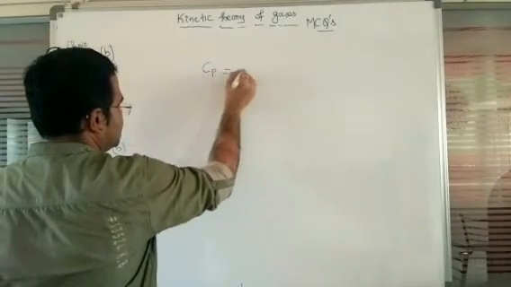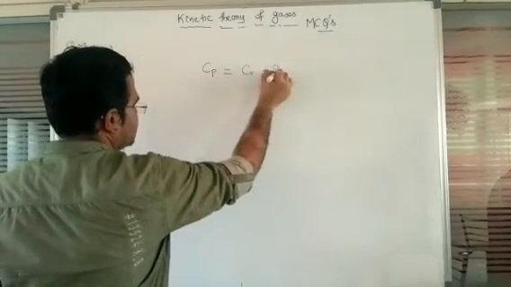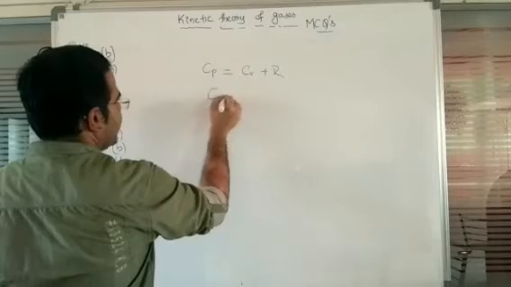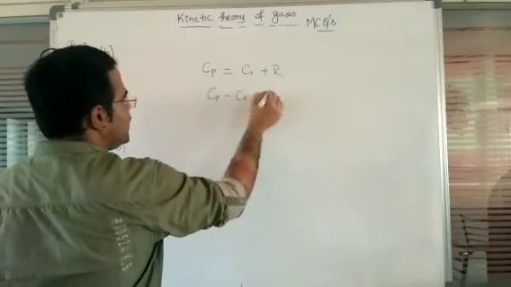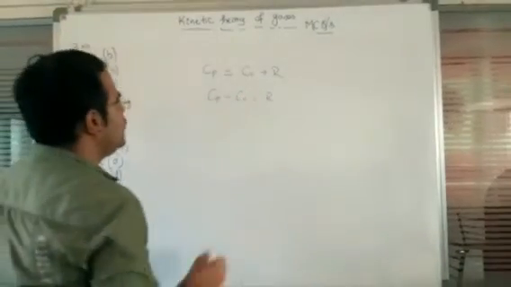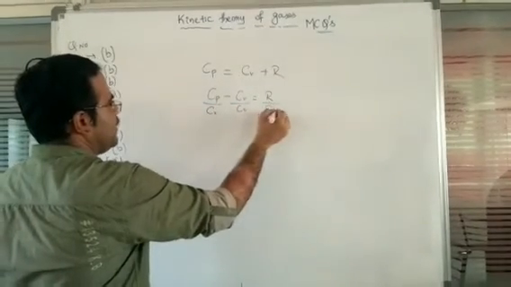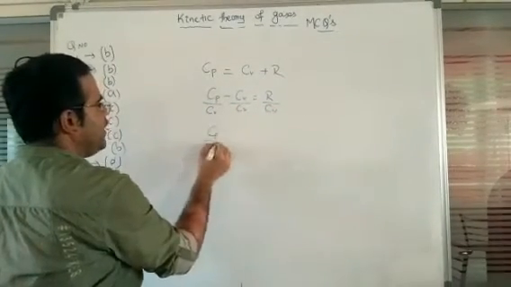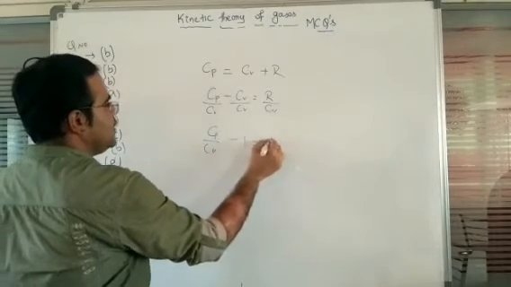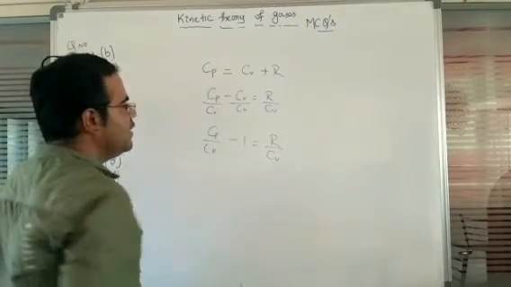So Cp is equal to Cv plus R, or else we can write Cp minus Cv is equal to what here? R value. When we divide both sides by Cv, we can write Cp divided by Cv minus 1 is equal to R divided by Cv.